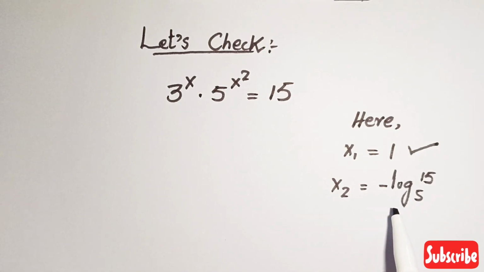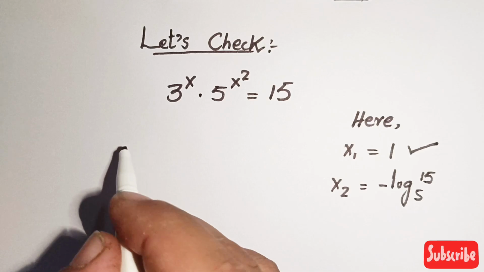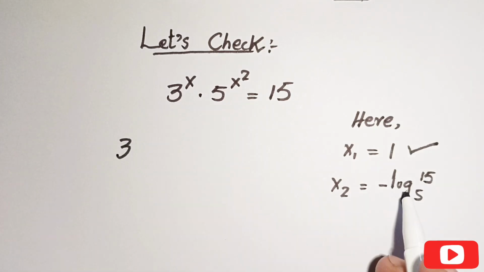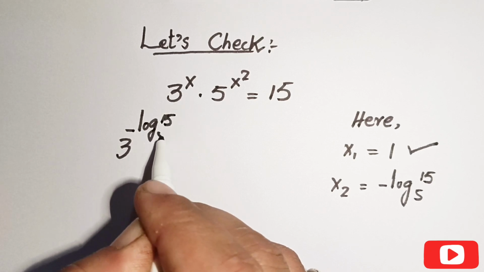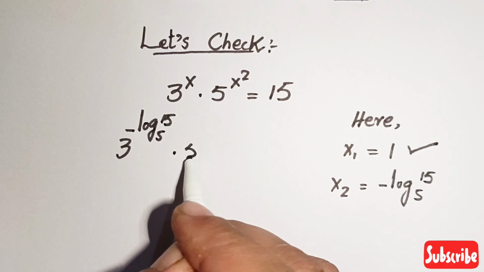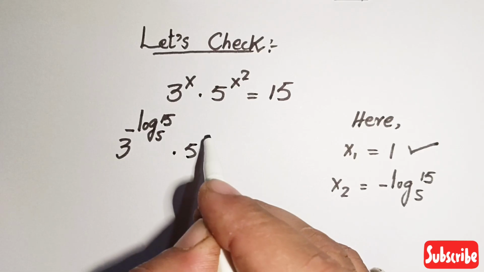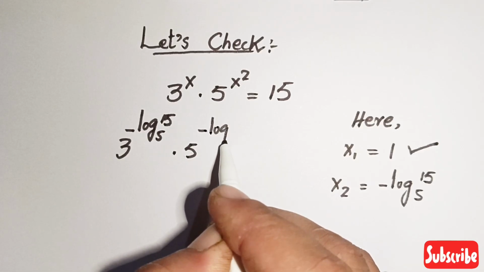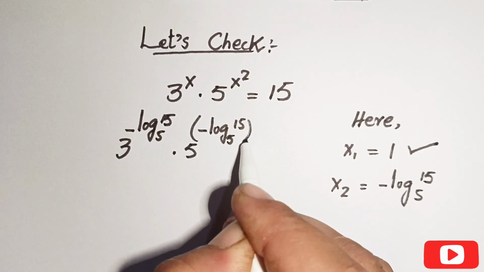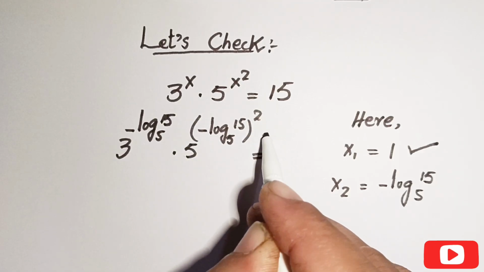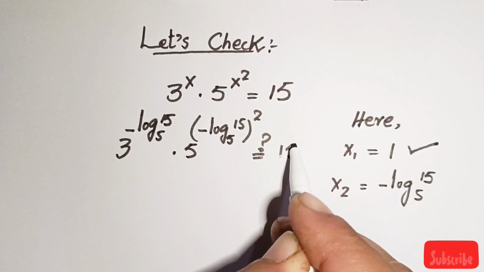Now we have to prove this x2, which is minus log 15 to base 5. Putting this value here, 3 to the power minus log 15 to base 5 times 5 to the power minus log 15 to base 5 whole squared, is it equal to 15?